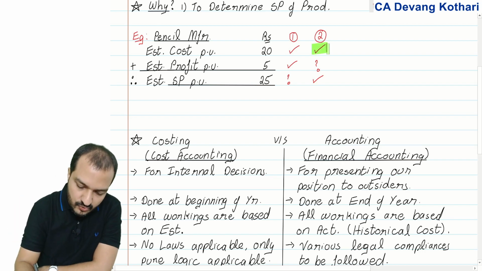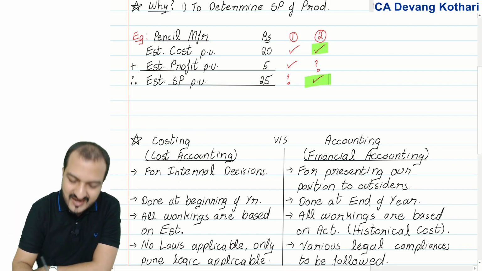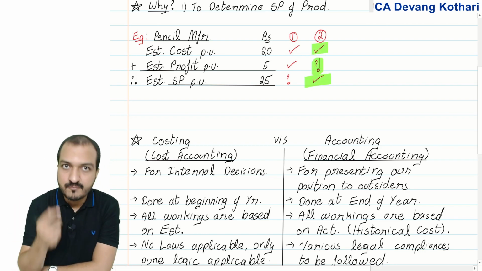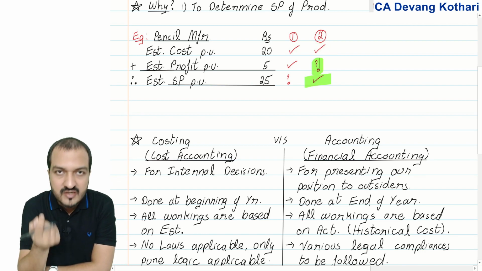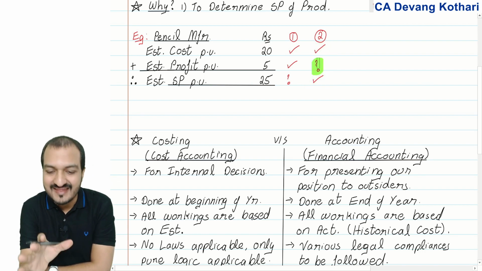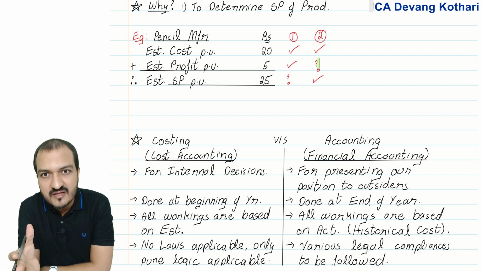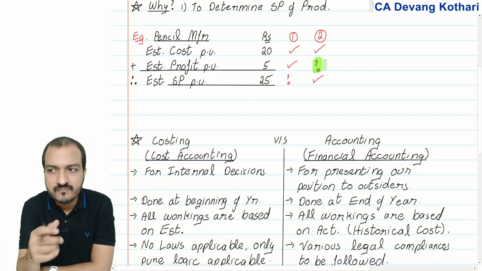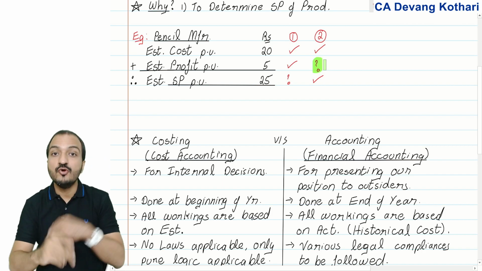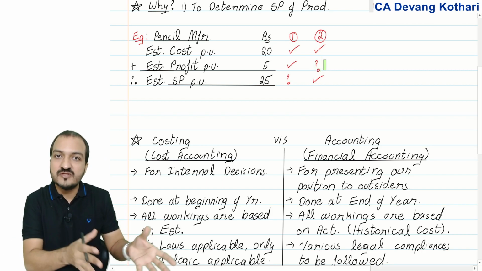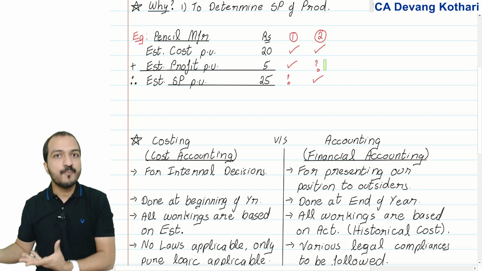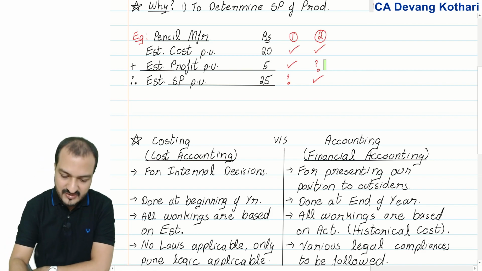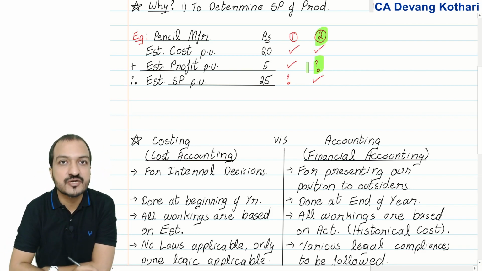You calculate your cost, compare it with the market selling price, see whether there is any profit or not. If the product seems to be profitable, then yes, you decide to continue selling that product. But if the product seems to be unprofitable, less profitable, then you might decide to discontinue this product, rather focus on some other product. Right? So that is my second purpose in the subject of costing.